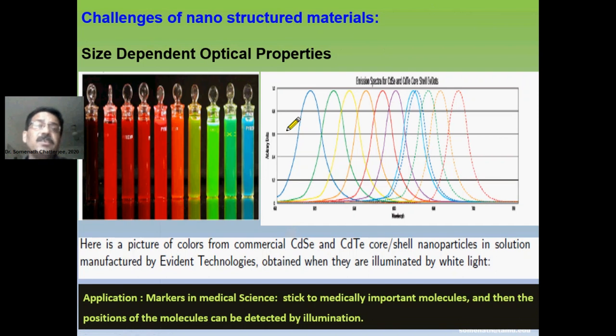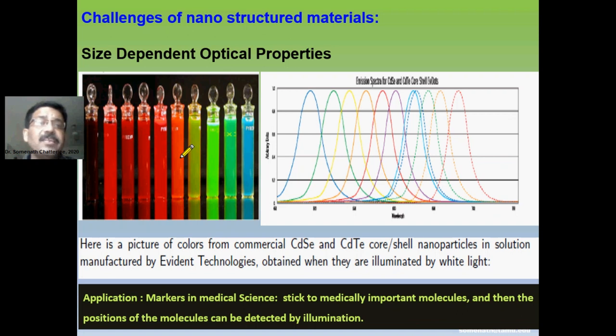Another challenge is the optical properties. We know that the color of bulk gold is always yellow. But if we consider gold nanoparticles, the color depends upon the size.